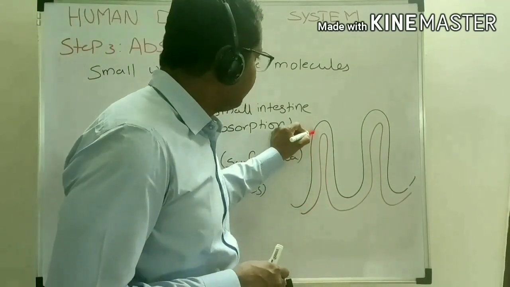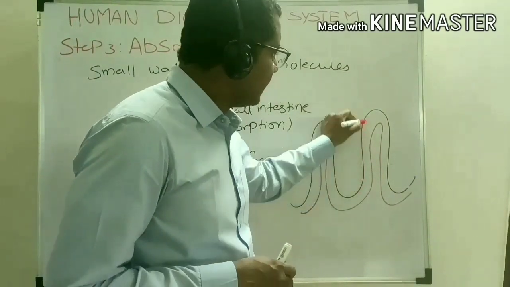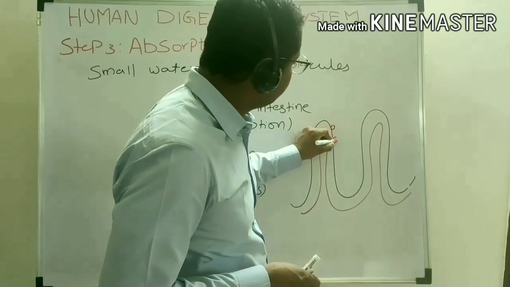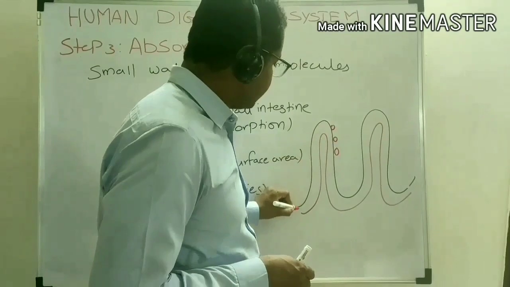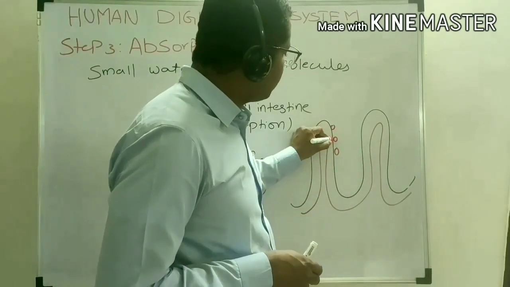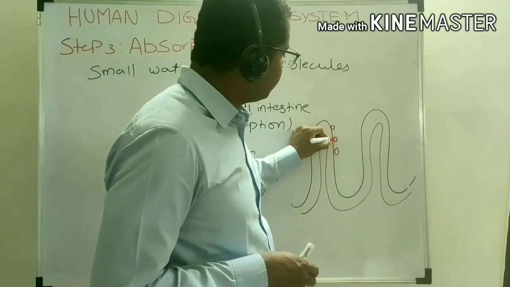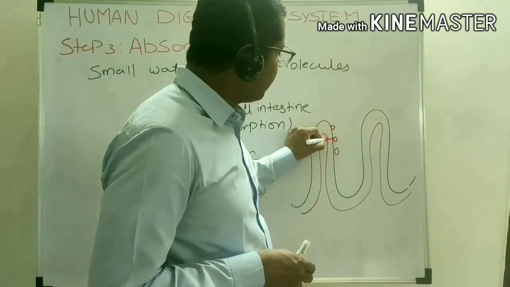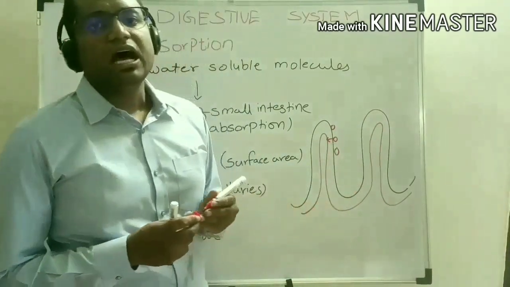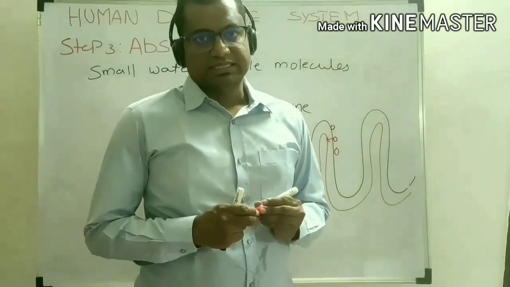This is the villi which is increasing the surface area. This is the food molecule. Food molecules are present like this. The red line over here, you can see, is a blood capillary. Now the food is absorbed from the villi into the blood capillary where blood is flowing through them. This is how the absorption takes place.